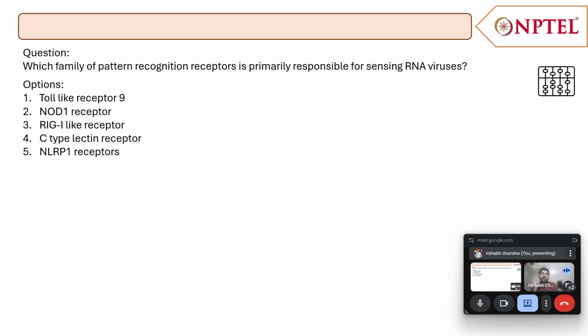Which family of pathogen recognition receptors is primarily responsible for sensing RNA viruses? So what can be the correct answer?